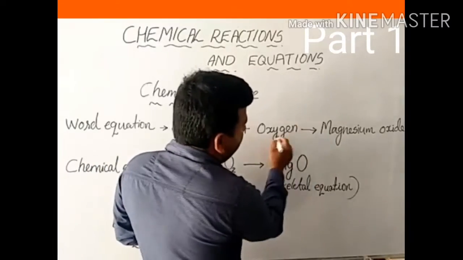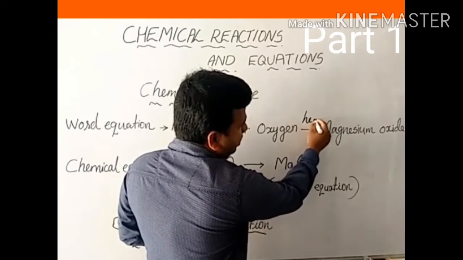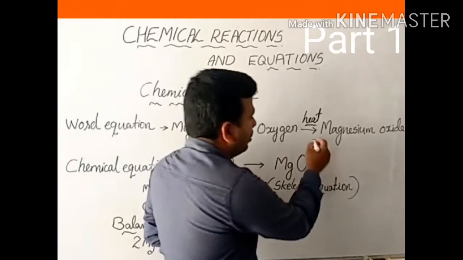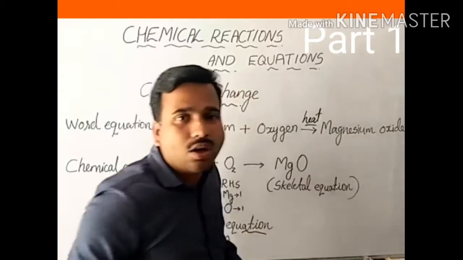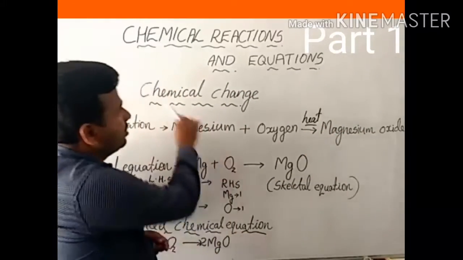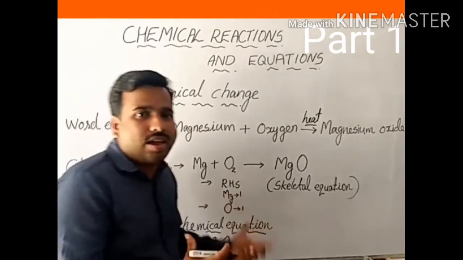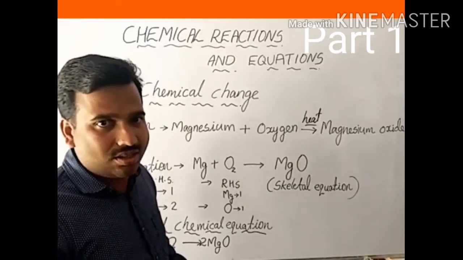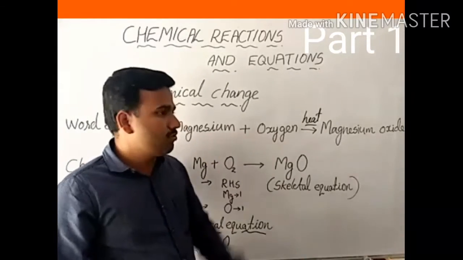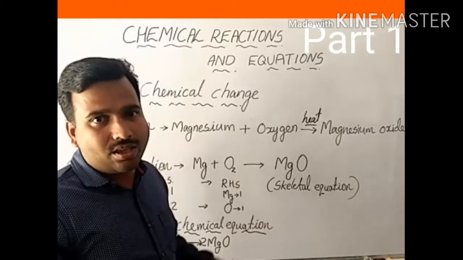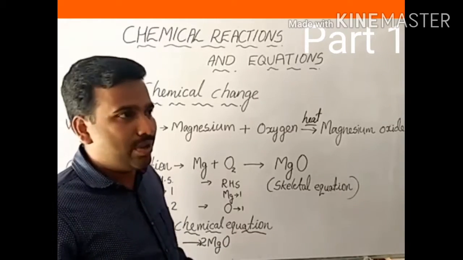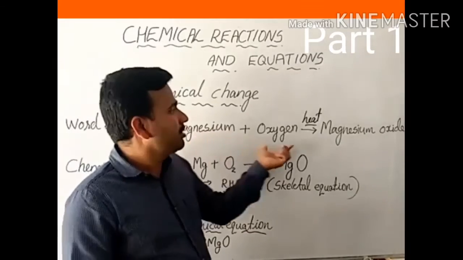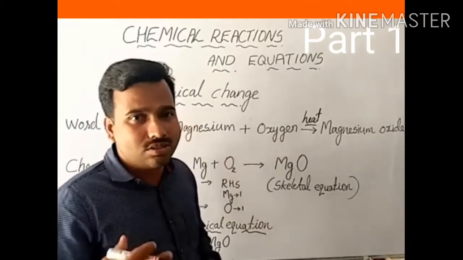It will combine with the oxygen present in the atmosphere so as to give magnesium oxide. So this is a chemical change, just like burning of paper, burning of a candle. These are examples, like digestion of food, cooking of food. If you make chapati, you can't get the wheat flour back again. So these are all what happens during a chemical change.